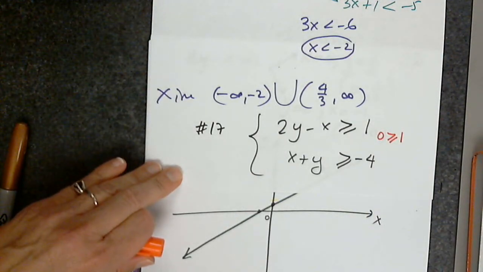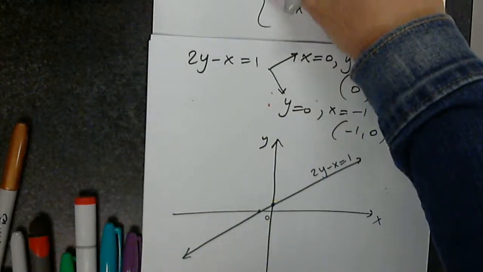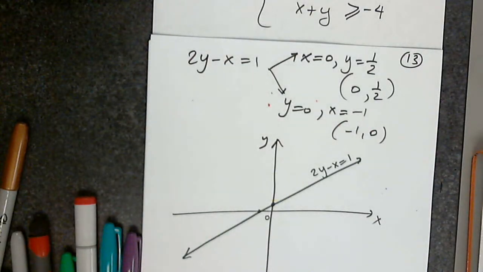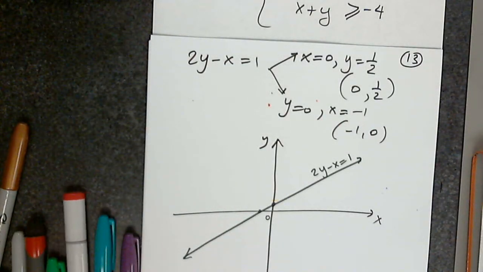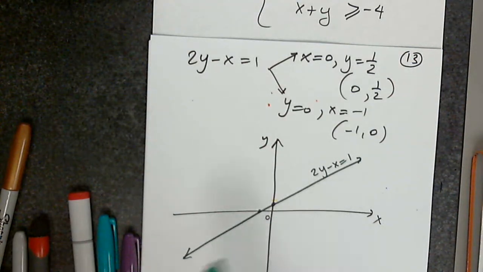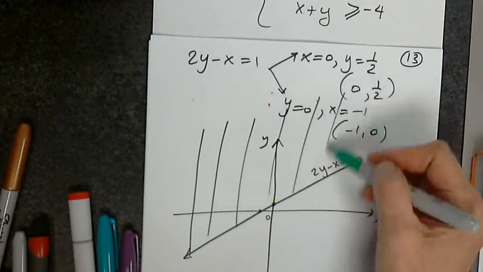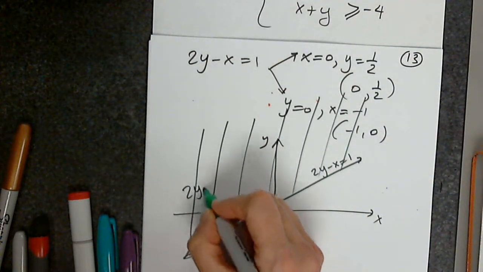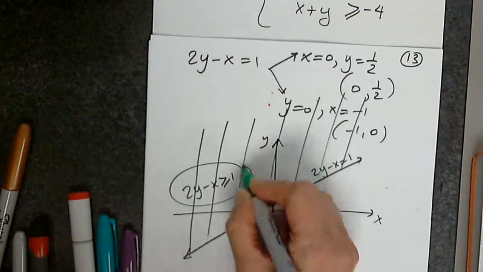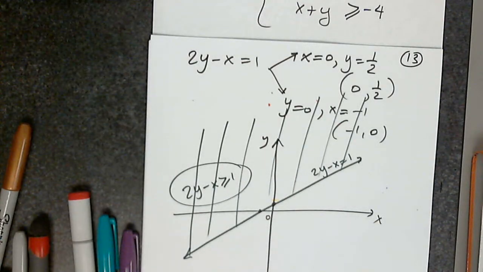True or false? False. So I cannot choose or shade in the area where I have the origin, but I have to shade in the opposite. So this is 2y minus x greater than or equal to 1. Because if the origin didn't do the trick, no other point will.